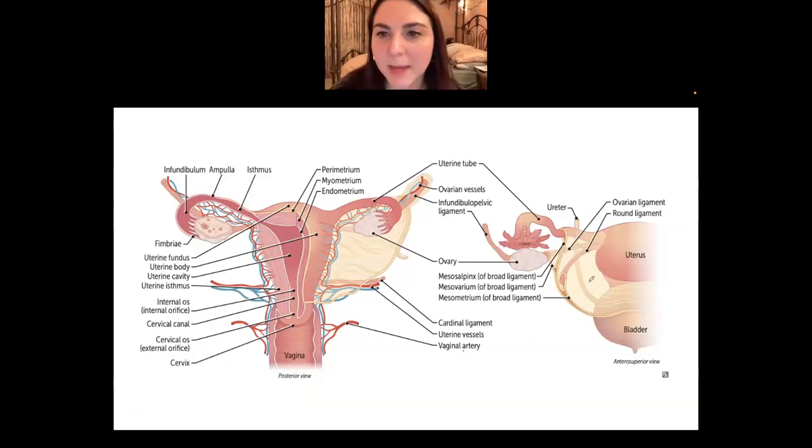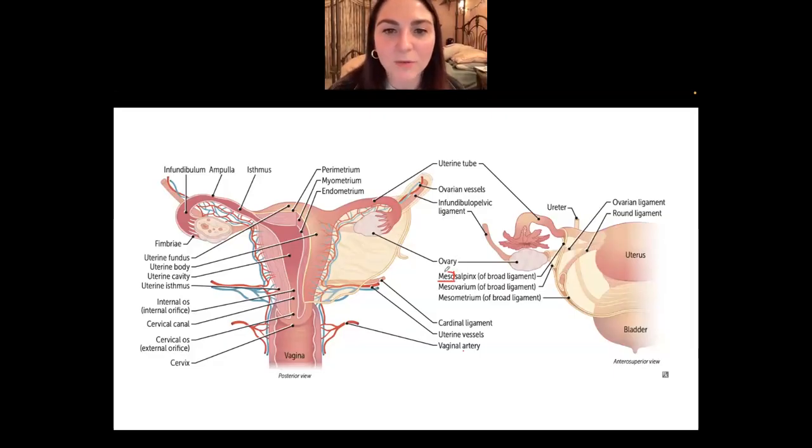The other thing I wanted to mention is, remember in GI we talked about all of the mesentery that's present. What's super interesting is that every single thing in the female reproductive system has its own mesentery, which is super cool. Remember mesentery's whole point was to keep everything in place in the GI tract. It is super important to keep everything in place in the female reproductive system. So they have tons of mesentery.